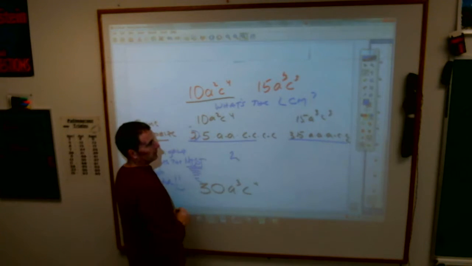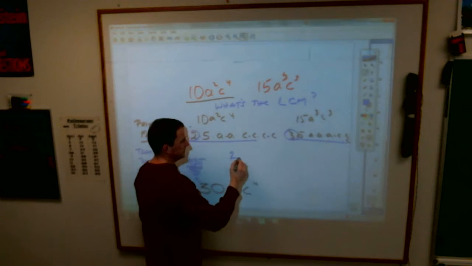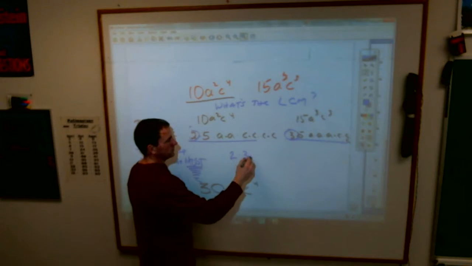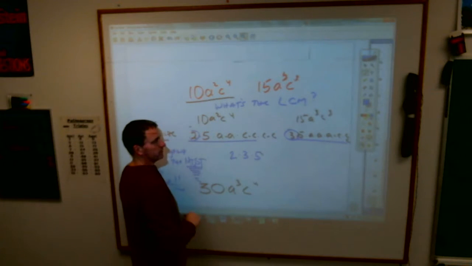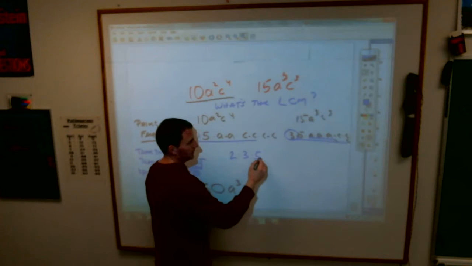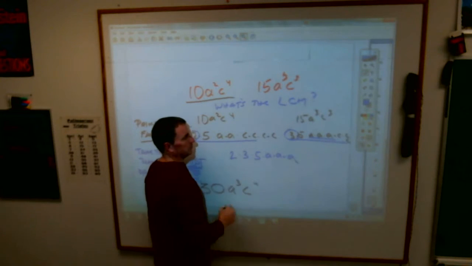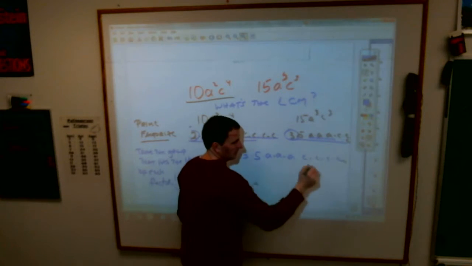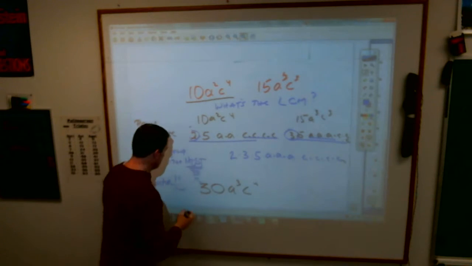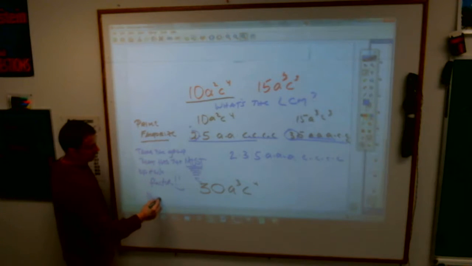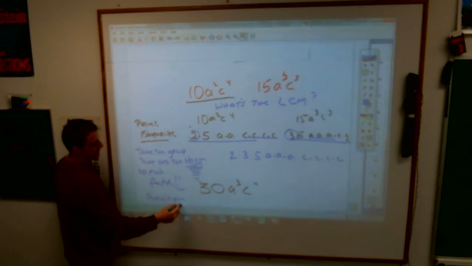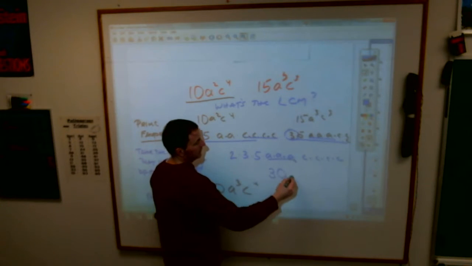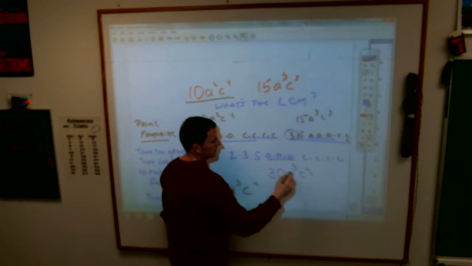Which group has the most 3's? This one, it has one 3. Which group has the most 5's? They both have 1, so you just take 1. Which group has the most a's? This one, it's 3 a's. Which group has the most c's? This one, it's 4 c's. And you remultiply all that together as your last step, and that is your answer. 2 times 3 times 5 is 30. 3 a's is a cubed, and 4 c's is c to the fourth.